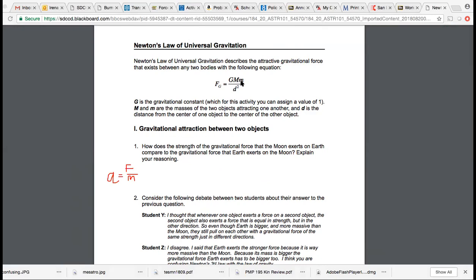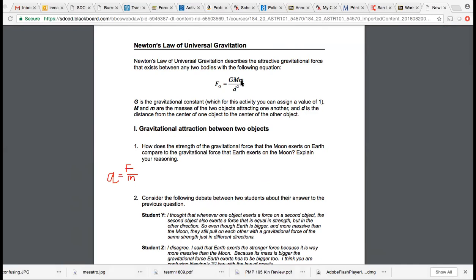And yet that force makes the earth go around the sun, which is why the earth orbits the sun. Does that make sense? The force is the same, but your mass determines how you respond to it.